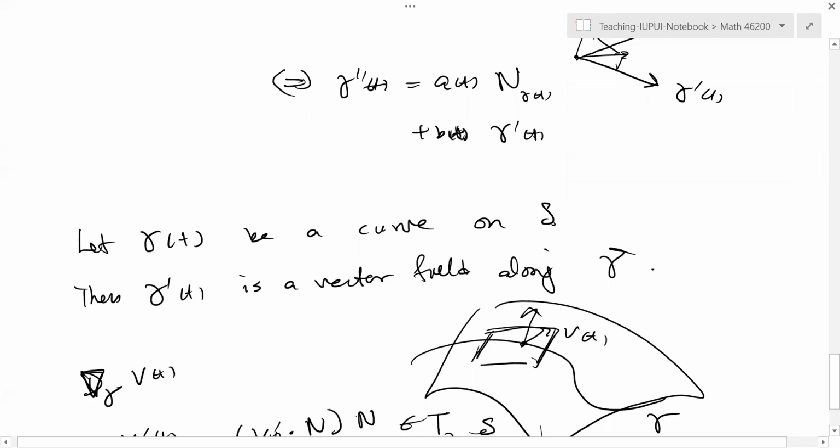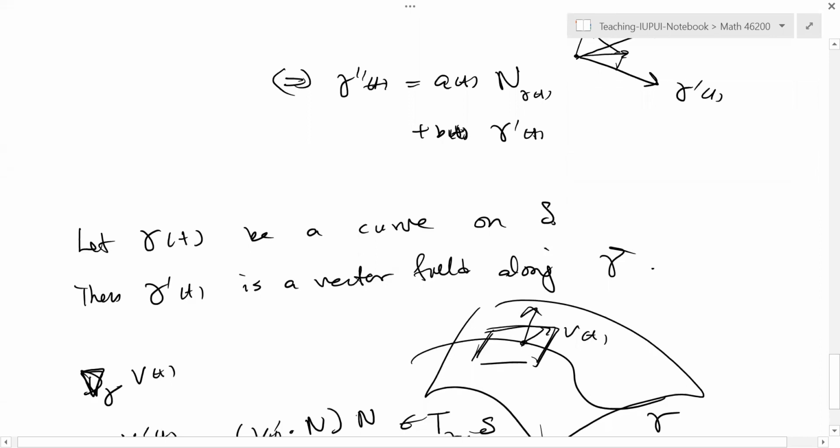We have, if it's a geodesic, if and only if you have this identity.